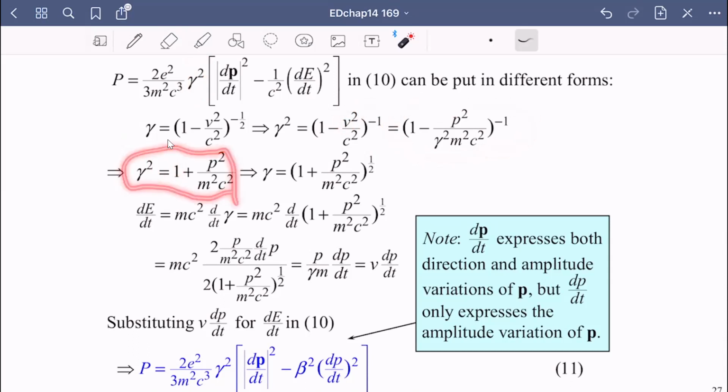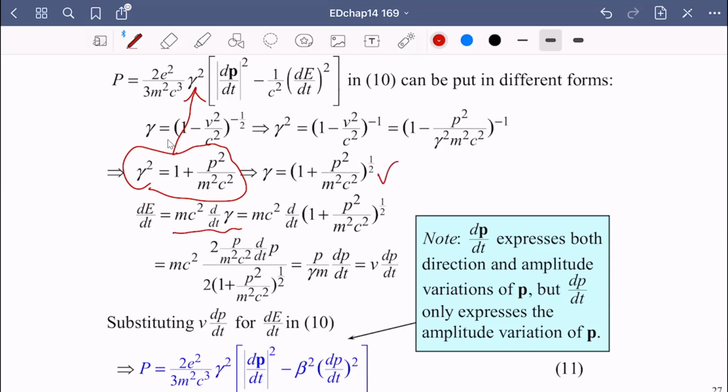Okay, in terms of momentum, gamma here will be 1 plus p squared over m squared c squared. So dE over dt is mc squared d gamma over dt. So the gamma is here, just shown here.